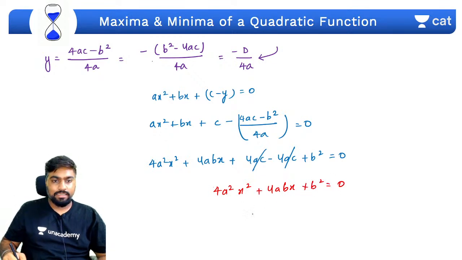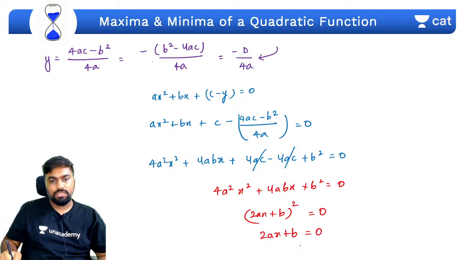Can I say this is nothing but 2ax plus b the whole square? 2ax plus b the whole square is equal to 0, or 2ax plus b equal to 0, or x is equal to minus b by 2a. Got it? Yes, by this what do you get?